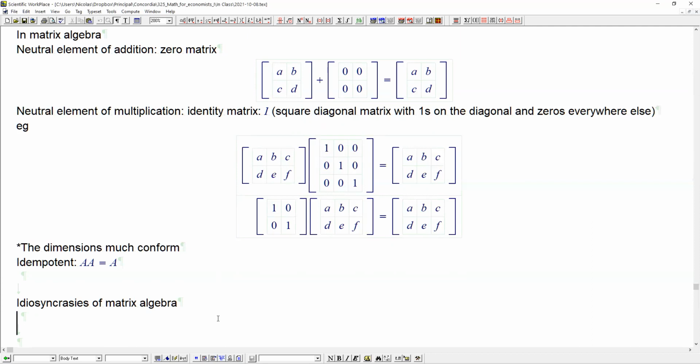So usually in arithmetic, we have intuitions about things. For instance, if you have a times x equals 0, you assume that either a is 0 or x is 0.